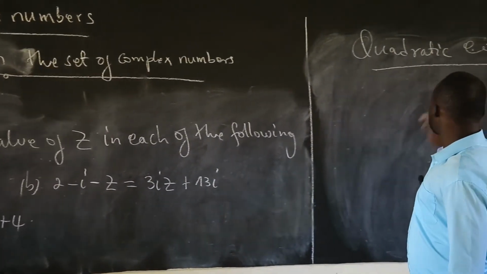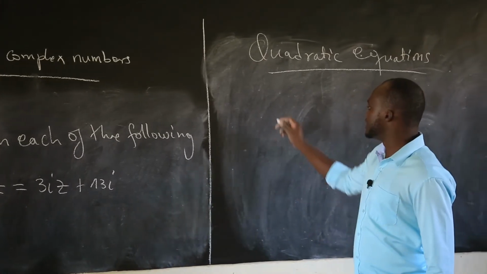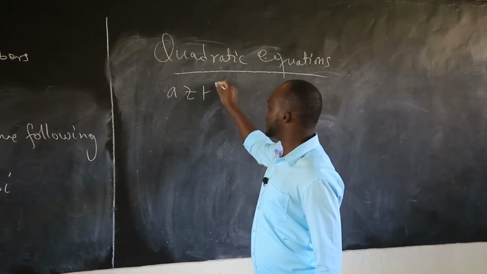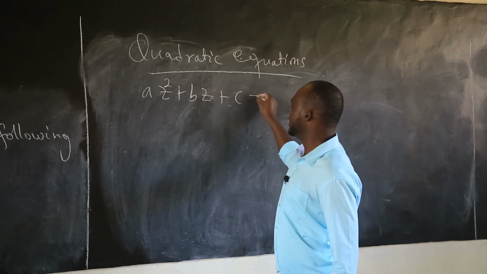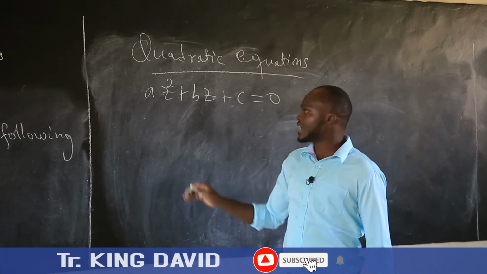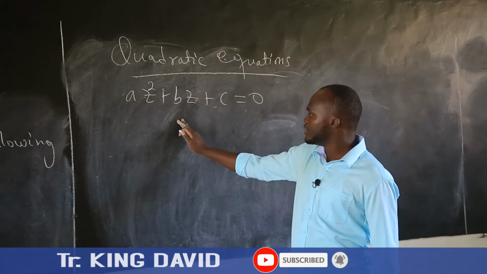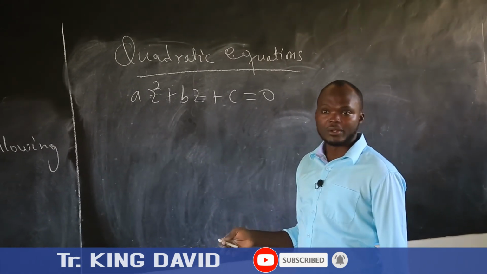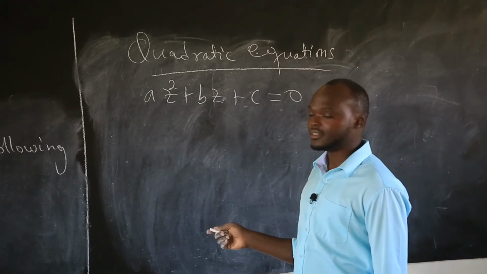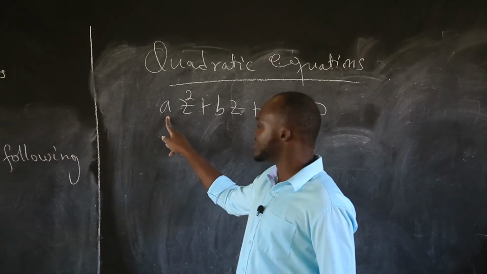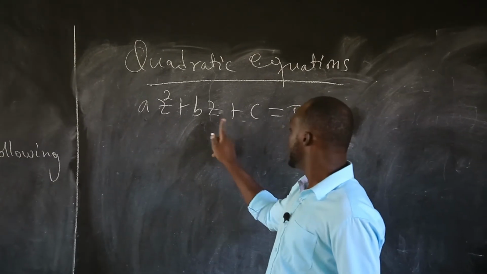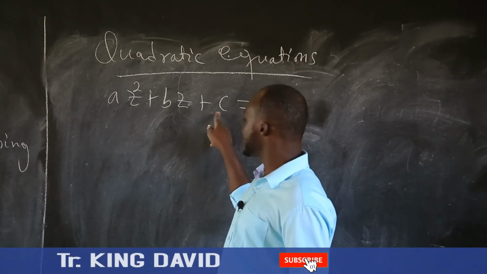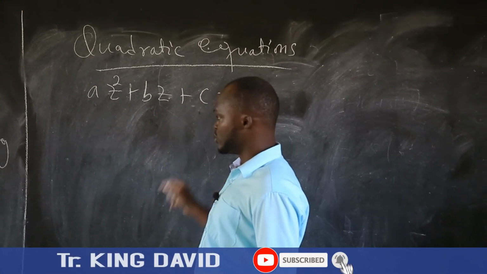So quadratic equations, you know that a form of quadratic equation is like az squared plus bz plus c equal to 0. This is a quadratic equation. So how can we solve this one? We can use the quadratic formula. You see, the coefficient of z squared is a, the coefficient of z is b, the constant is c, equal to 0.